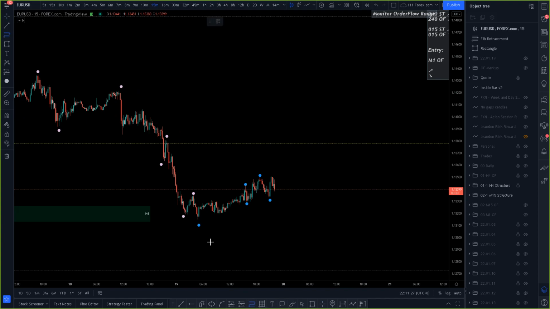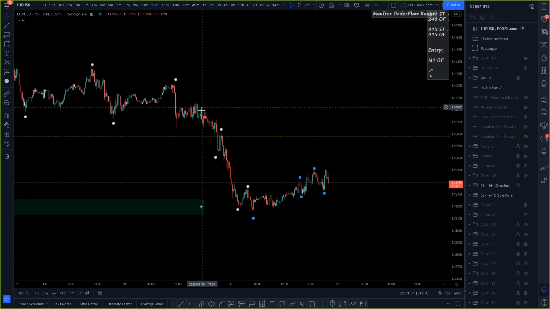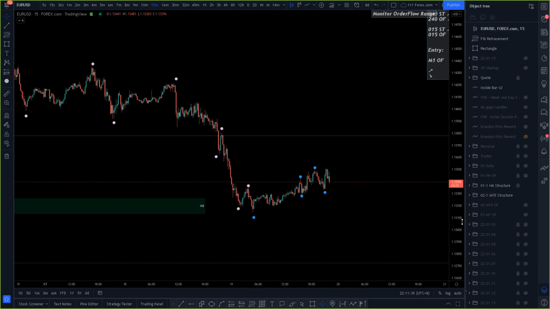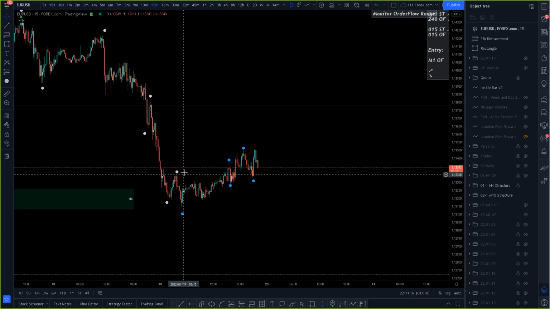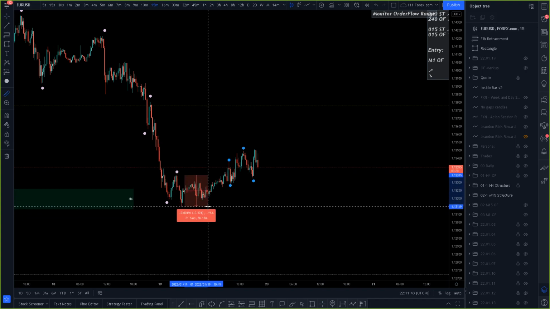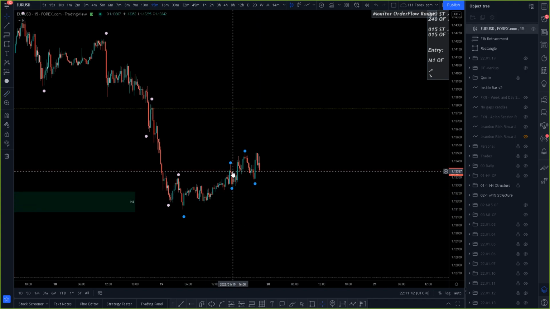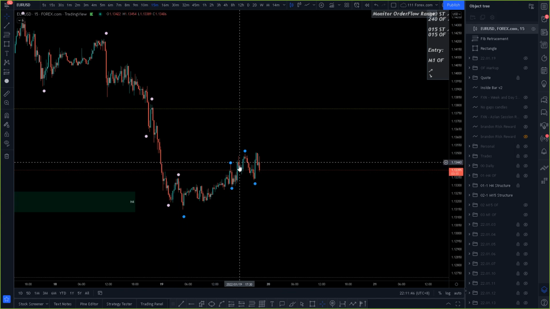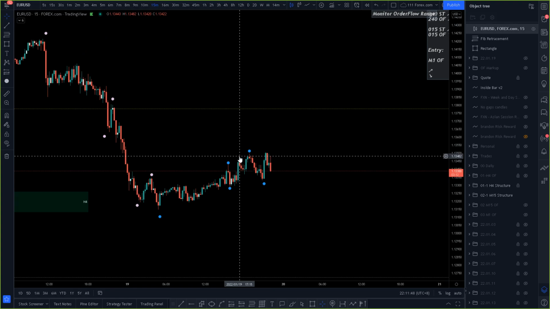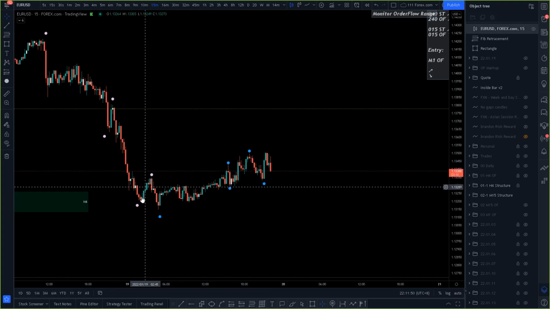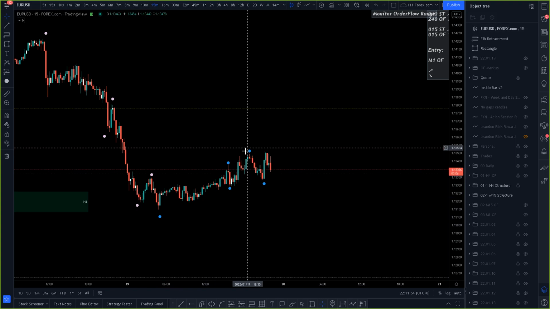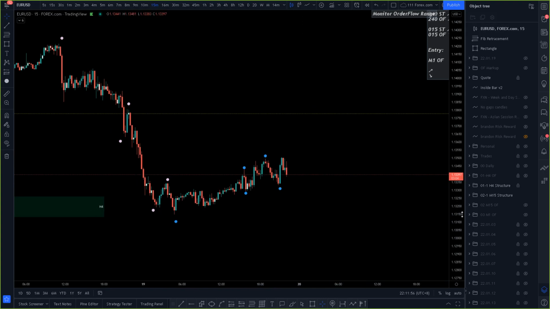So right now my structure here was low low, low high, low low, low high, low low, and here it makes a high high because it has broken this structure, right? And it also broke higher, like low high, low low, high high, high low, high high, high low, high high.